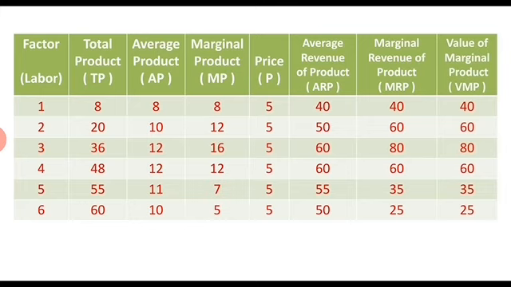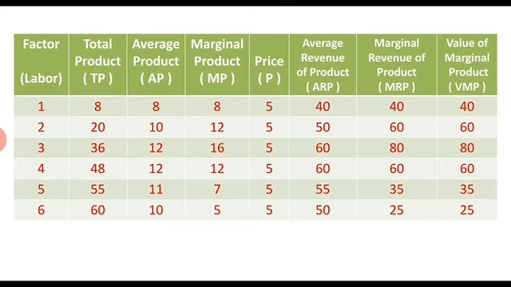In this table, we can observe how the total product, average product and marginal product are changing as the factor is increased. At the fourth laborer or factor, the average revenue of product ARP, marginal revenue of product MRP, and value of marginal product VMP are the same at 60 rupees.